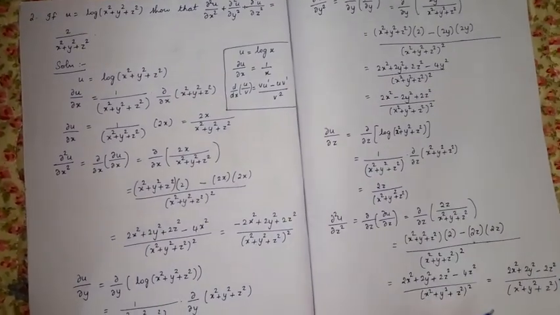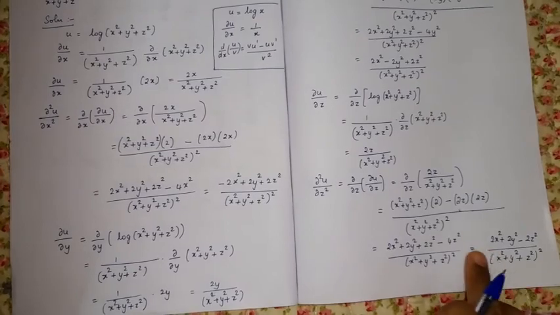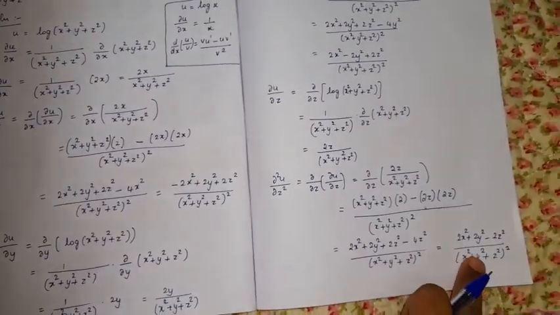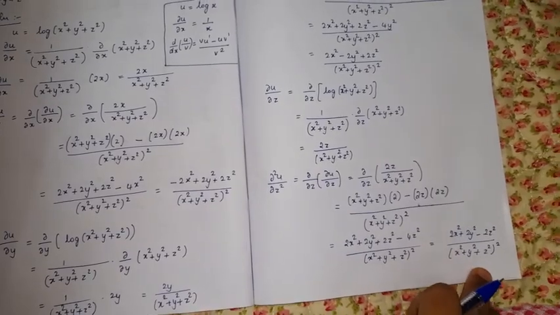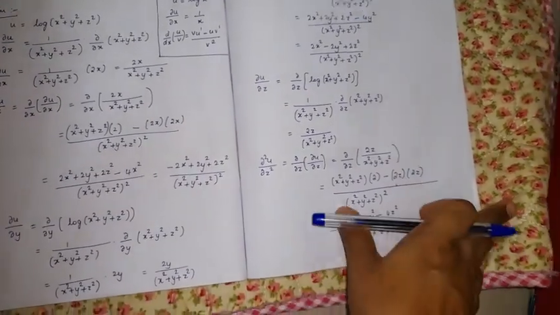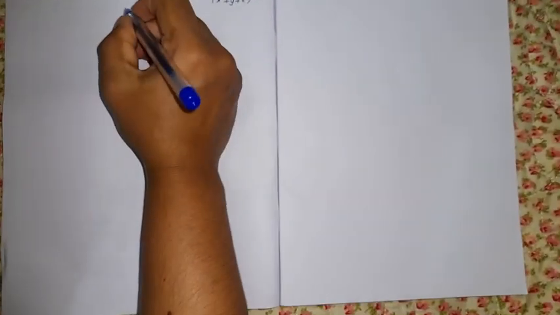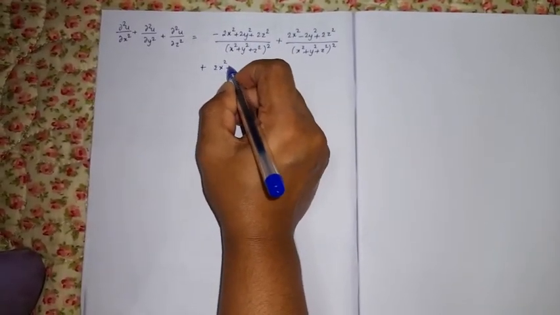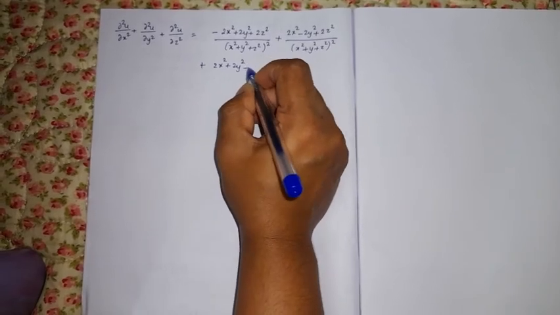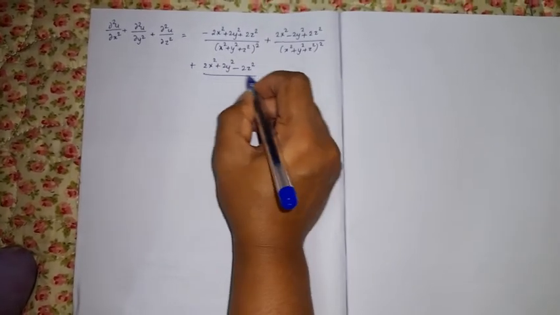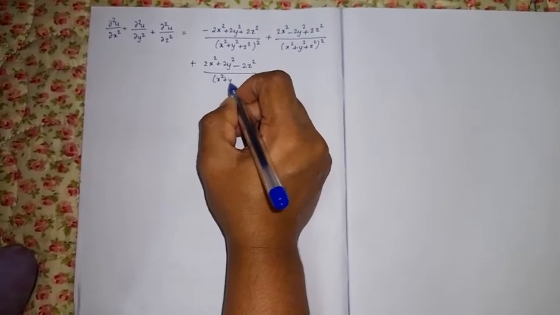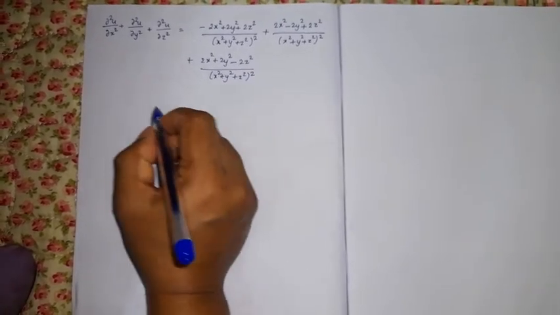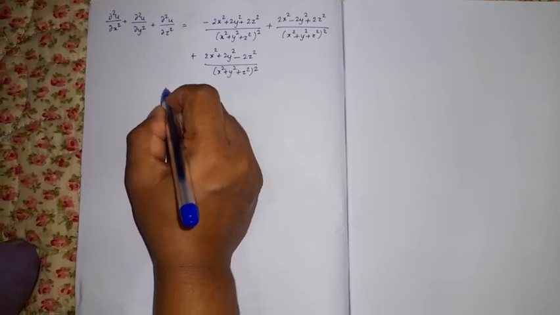Then we found dou square u by dou z square as 2x square plus 2y square minus 2z square divided by x square plus y square plus z square the whole square. So you have 2x square plus 2y square minus 2z square divided by x square plus y square plus z square the whole square. Now let's solve this.